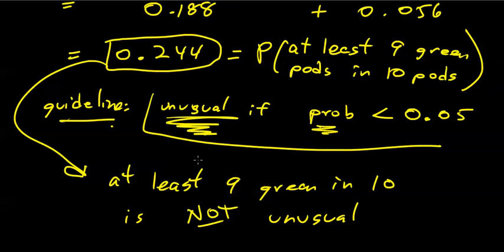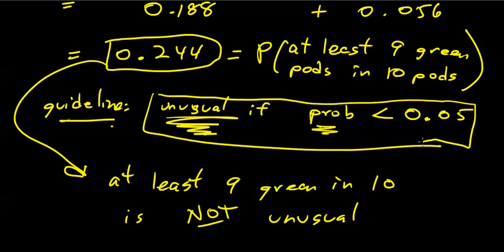Why? Because the probability is not less than 1 in 20, or not less than 0.05. So when you see problems in the homework list, we're talking about unusualness. This is the guideline the author is somewhat wimpily pointing to.